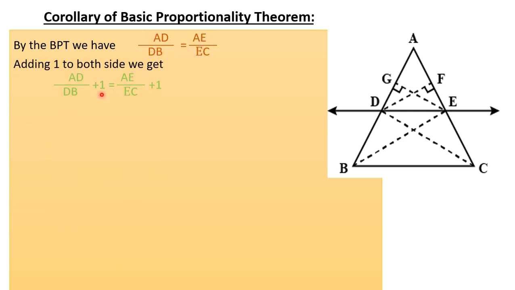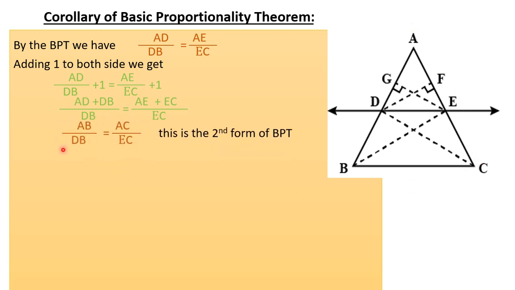After adding 1 and taking the LCM and solving these two sides, we get AD plus DB upon DB is equal to AE plus EC upon EC. Now by the figure we get AD plus DB is AB and AE plus EC is AC. So this is the second form of the BPT, that AB upon DB is AC upon EC.